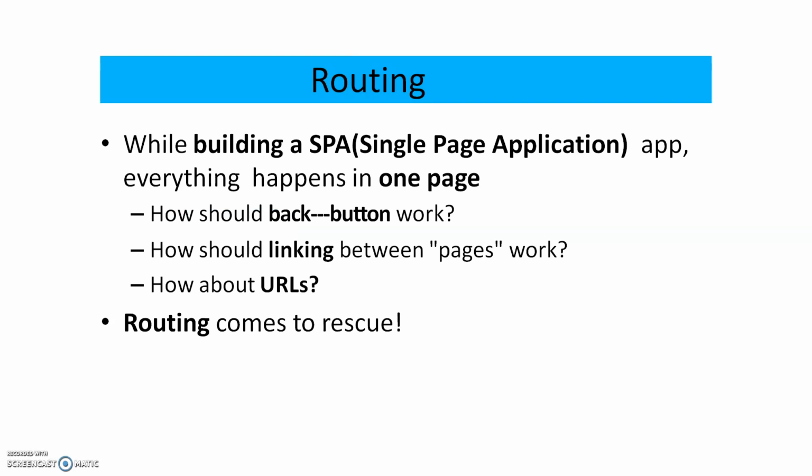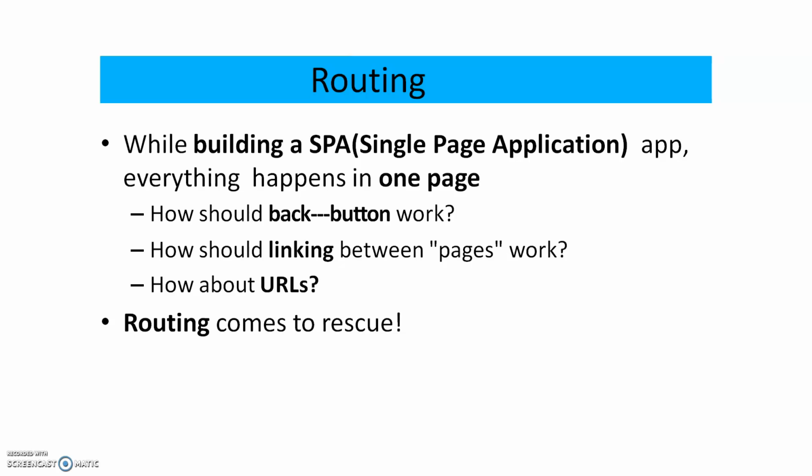What is routing in AngularJS? Let's see. While building a single page application, as we know, today we want a single page application where we can scroll down, and in that single page itself we should view the content. We should be able to manage the total application.